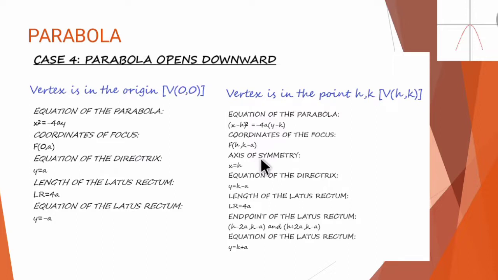Axis of symmetry, we have x is equal to h. Equation of the directrix, we have y is equal to k plus a. Length of the latus rectum, we have LR is equal to 4a. Endpoints of the latus rectum, we have h minus 2a and k minus a.